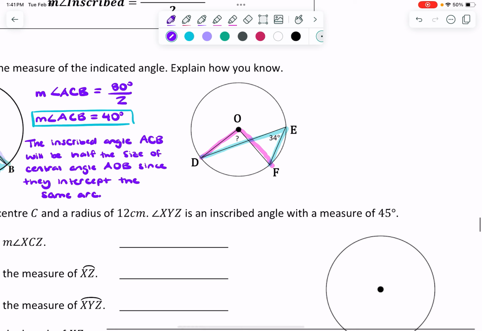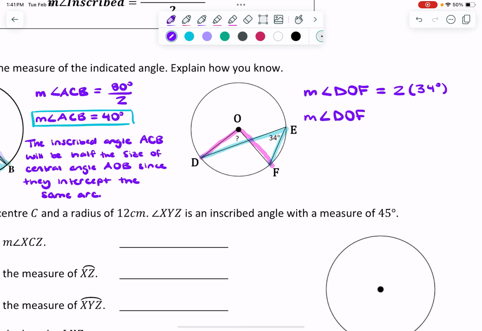So I know that the measure of angle DOF, that's central, will be 2 times the measure of the inscribed angle, which is 34 degrees. So the measure of angle DOF is going to be 68 degrees.